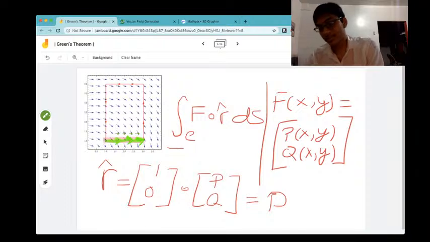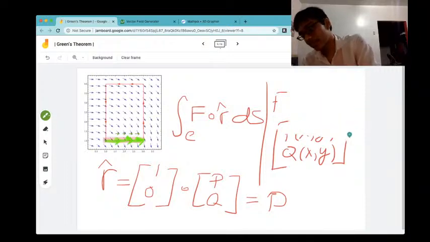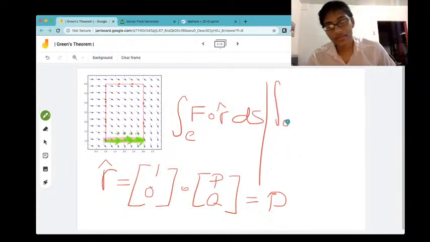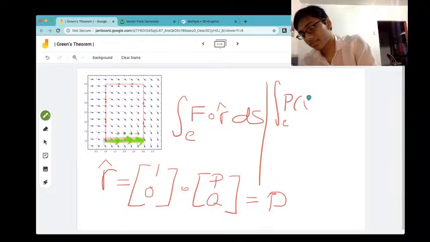let's erase some of this because I don't have much space. It's going to equal, quite simply, the integral over our path, over our curve, of just P(x, y) ds.